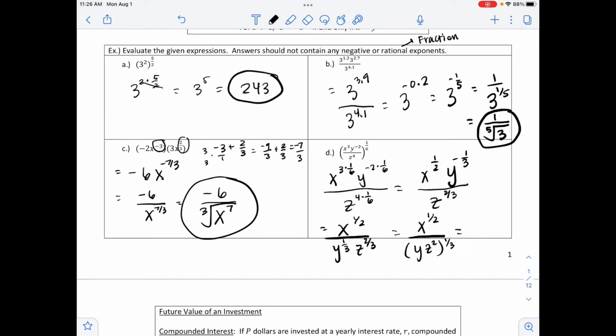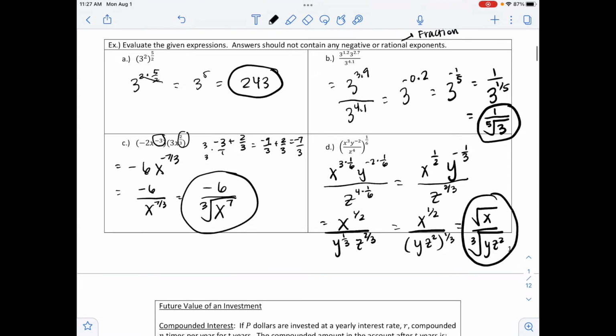And then rewriting this without those rational exponents or those fractions, we have the square root of x over the cube root of y z to the 2nd. So that would be our final answer with no rational or negative exponents.